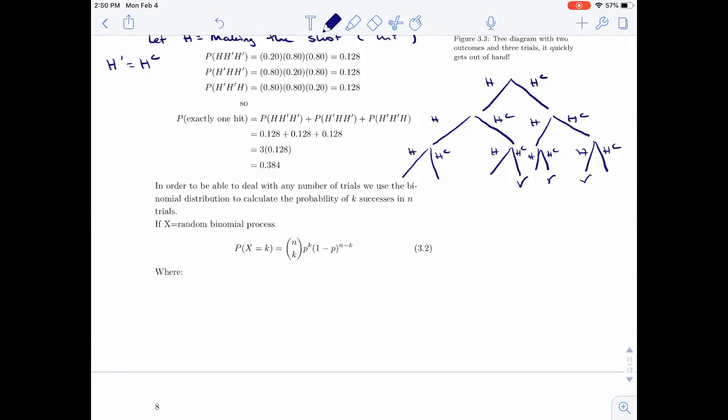How many ways can I choose exactly one success in 3 trials? 3 ways. p is going to be the probability of a success. k, again, is the number of successes. 1 minus p is the probability of a failure, the complement. To the power of n minus k is going to be the number of failures.